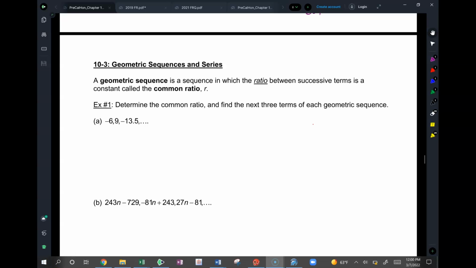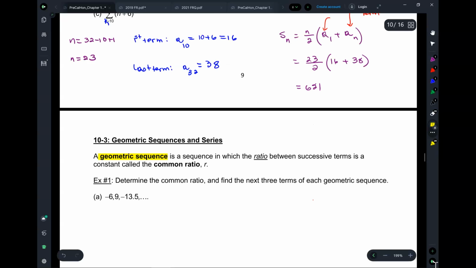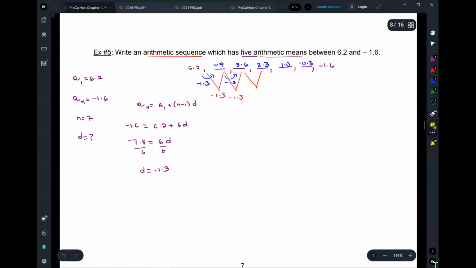Today, we're going to learn about another type of sequence, a geometric sequence. For the arithmetic sequence, we said each successive term is generated by adding the same number. Here, we don't look at the difference.